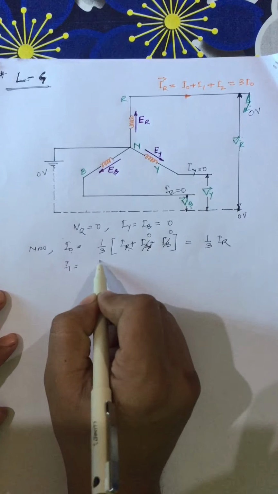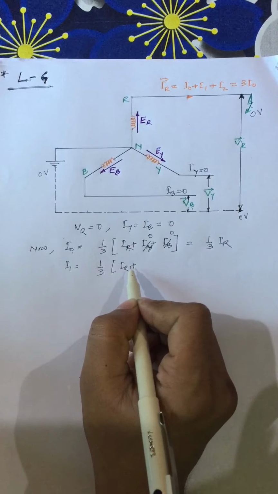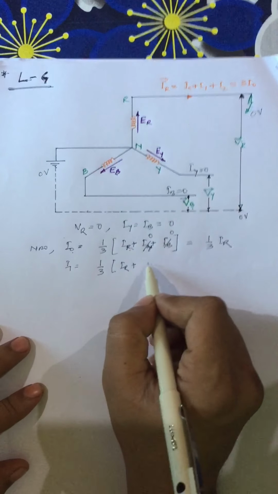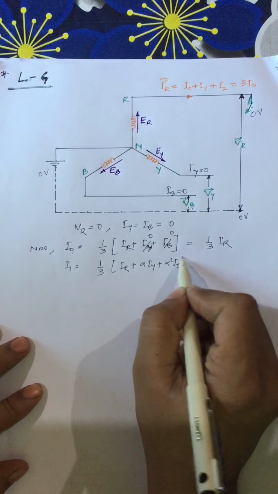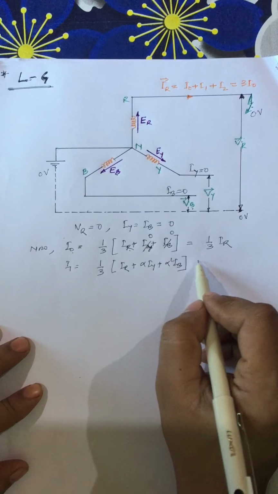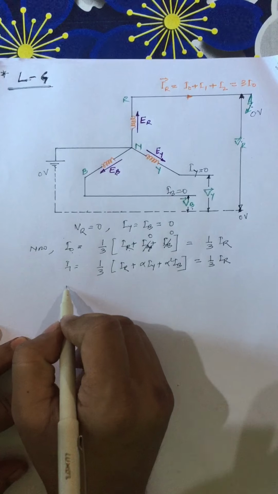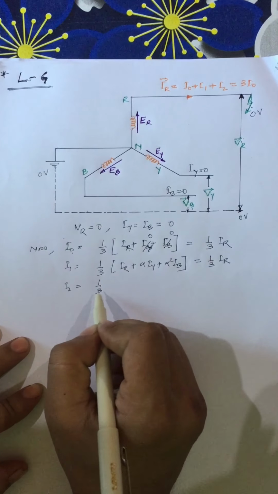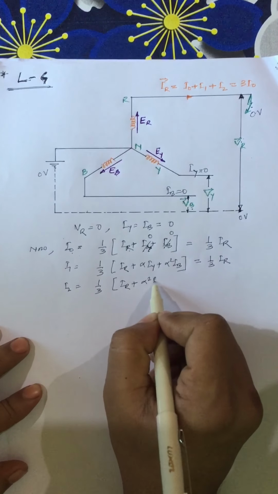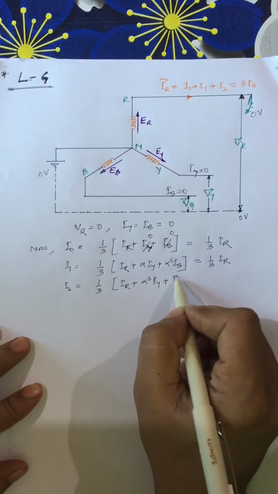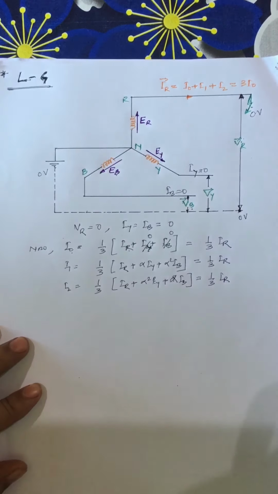Same for I1, which is equal to 1/3 (IR + alpha IY + alpha square IB). This is the same equation which we derived earlier. Again IY and IB are 0, so this also becomes 1/3 IR. Again, I2 equals 1/3 (IR + alpha square IY + alpha IB). This also becomes 1/3 of IR.